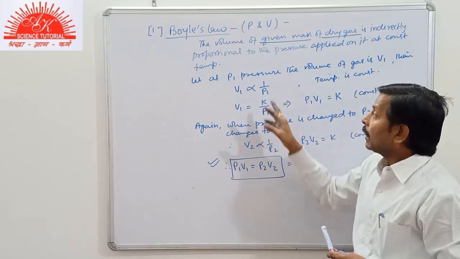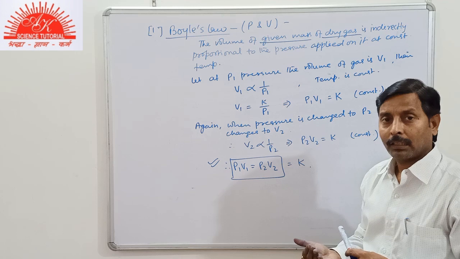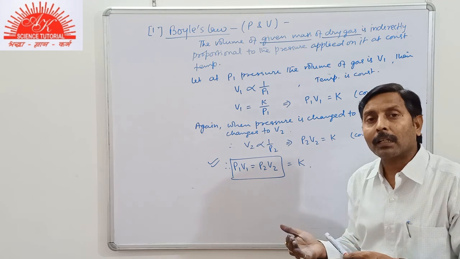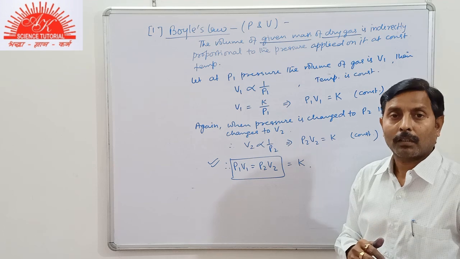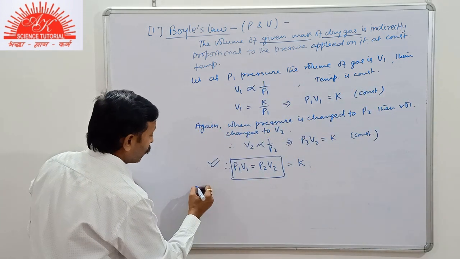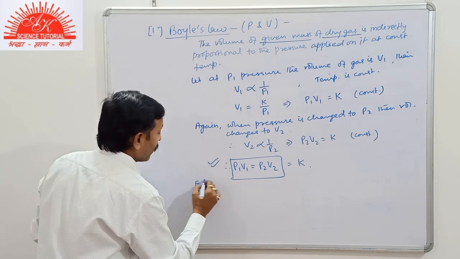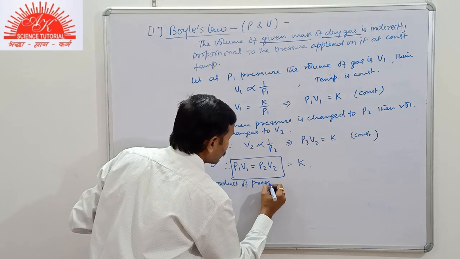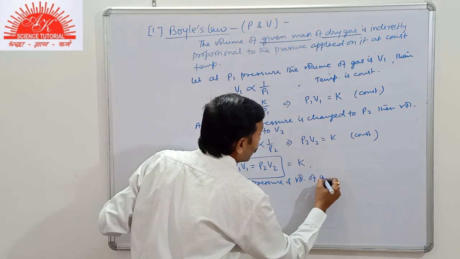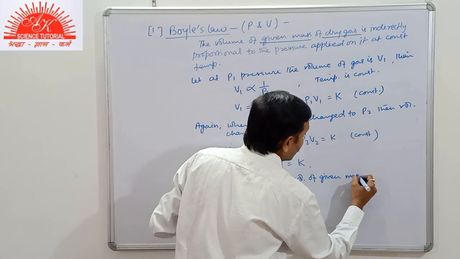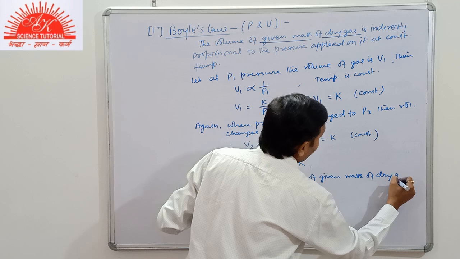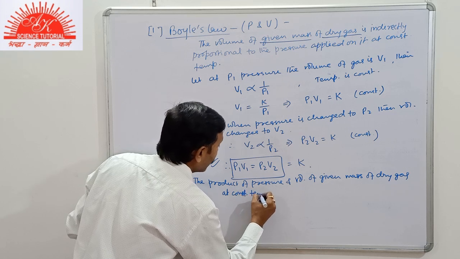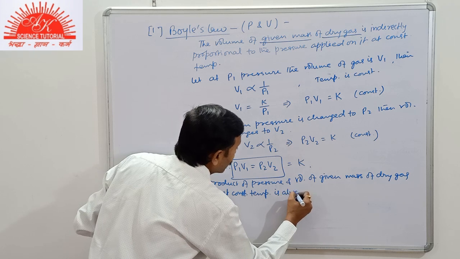So Boyle's law can also be defined as: the product of pressure and volume of a given mass of dry gas at constant temperature remains constant. Temperature is always constant.